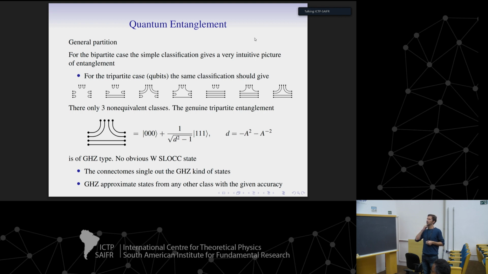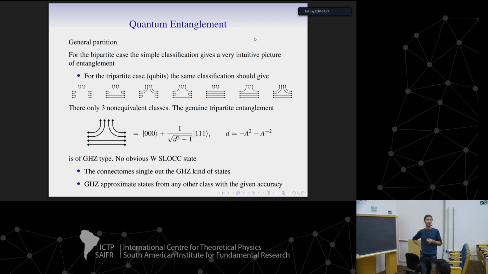The SLOCC classification tells you that for 3 qubits there are 4 different classes, and these 4 different classes cannot be transformed one into another by action of local invertible operations. So among the 4 classes that appear, there are completely separable states, for example, just one of these 2 states.